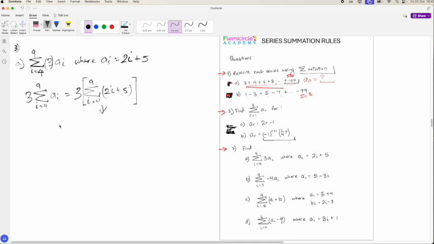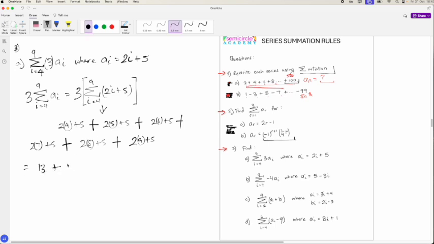This summation from i is 4 to 9 is 2 times 4 plus 5, plus 2 times 5 plus 5, plus 2 times 6 plus 5, plus 2 times 7 plus 5, plus 2 times 8 plus 5, plus 2 times 9 plus 5. 4 2s are 8, and 8 plus 5 gives me 13 for the first one.